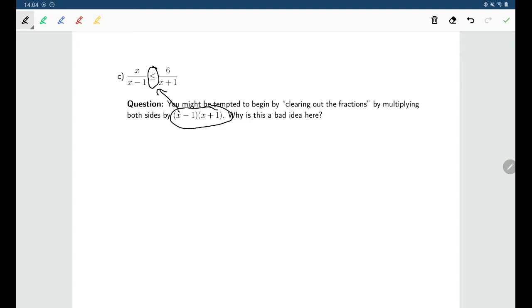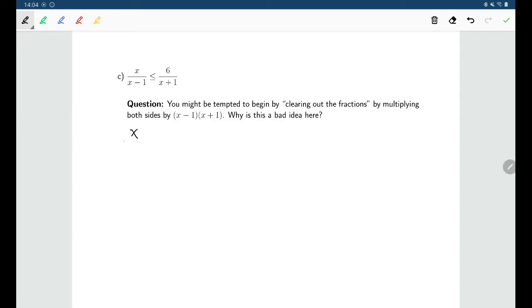That's the reason why we're not going to be clearing out fractions here. If you multiply both sides of an inequality by something involving x, it's possible that your inequality might have to change directions if what you're multiplying by turns out to be something negative. And so since we don't know when that thing is negative or positive, then we are not going to multiply both sides by that x minus 1, x plus 1.